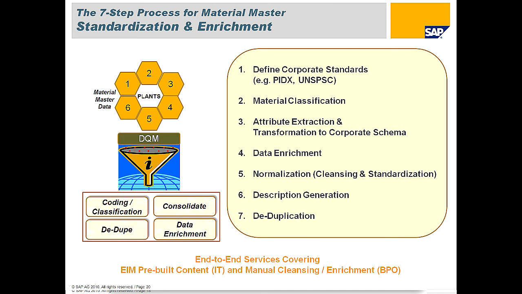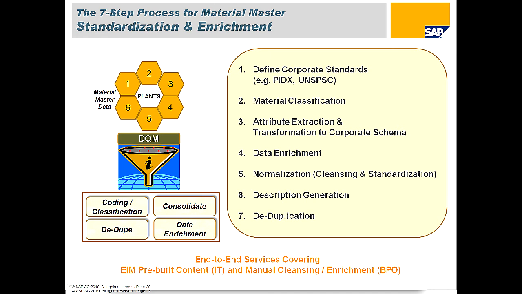This slide explains the 7-step process we typically follow for standardization and enrichment of materials. First is to talk to the customer, find out the requirements, the nature of the challenges that they are facing, and then come up with a corporate standard, typically something like PIDEX for the taxonomy and UNSPSC for hierarchical definition.